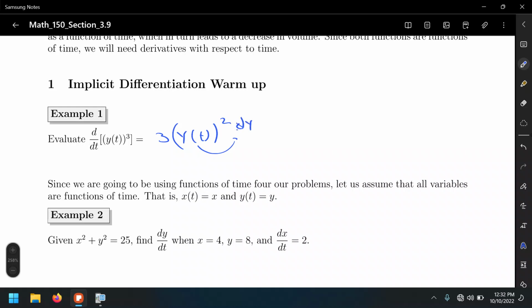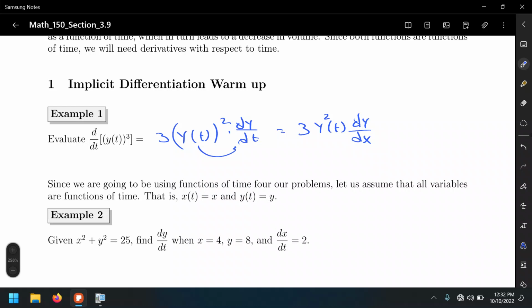However, this y no longer depends on x, as what we did back in implicit differentiation. This y depends on t. And this will be 3y squared of t times dy/dt. So in this case, this function is no longer depending on x, it's actually depending on t.